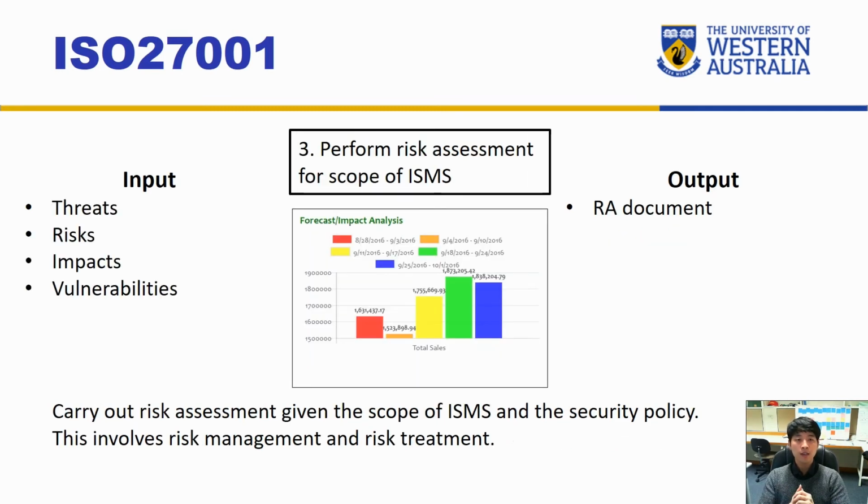Okay. And when we come to the third stage, we're going to perform risk assessment for scope of ISMS. Okay, so what we're going to do is collect data about the threats, the risk, the impacts, and vulnerabilities. And using this, we can create a risk assessment document.